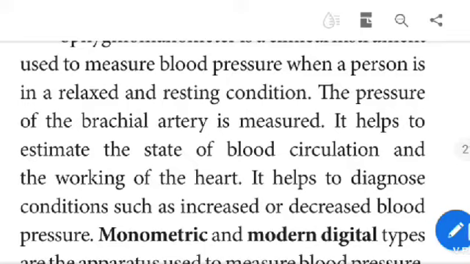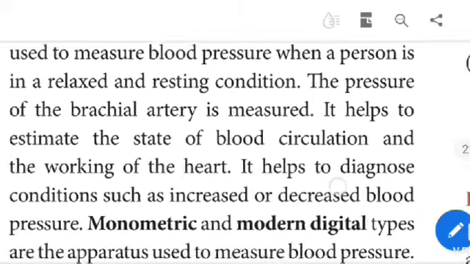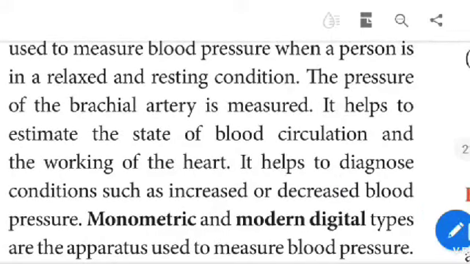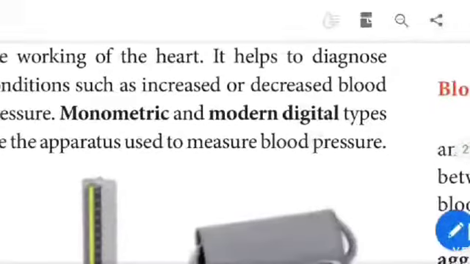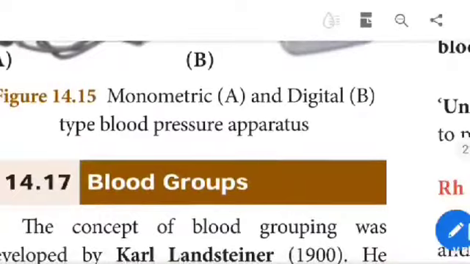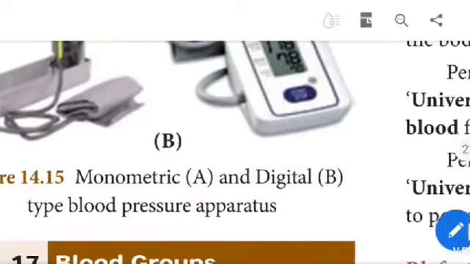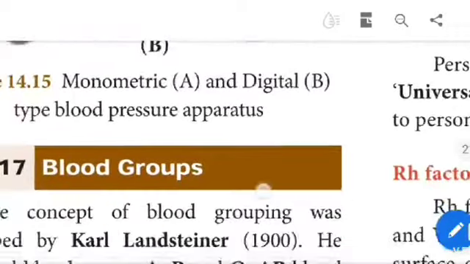It helps to diagnose conditions such as increased or decreased blood pressure. Manometric or modern digital types are the apparatus used to measure blood pressure. See the manometric and digital types of blood pressure apparatus.